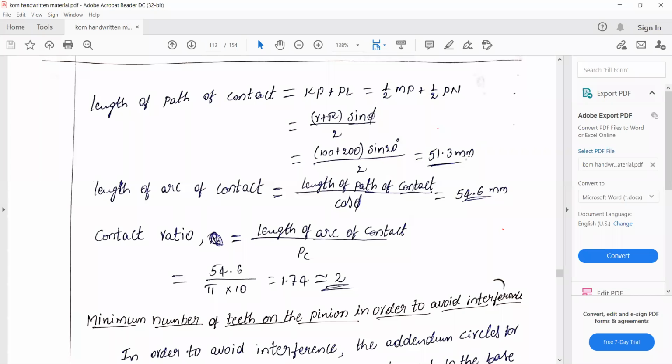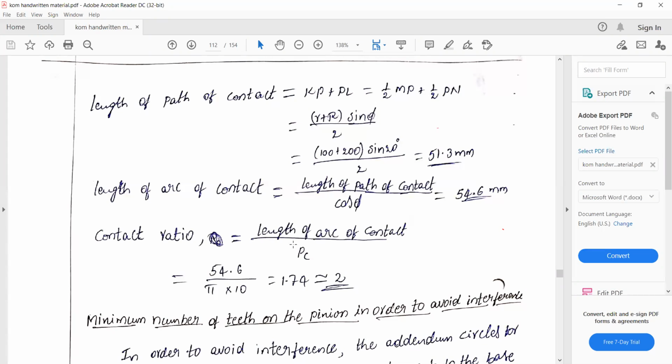That is 51.3 by cos 20. Substituting, the value arrives at 54.6 mm.